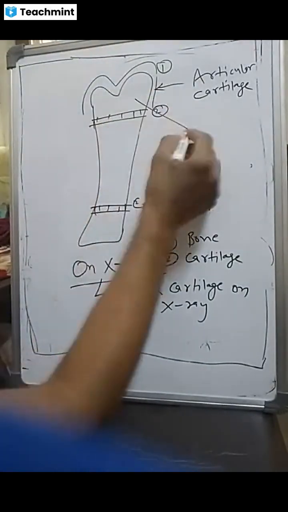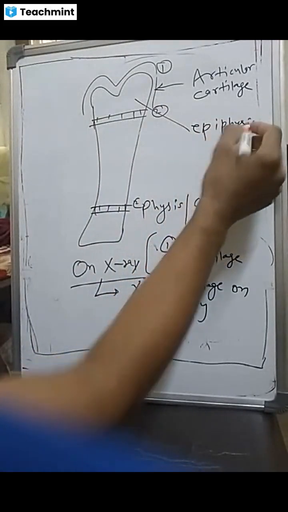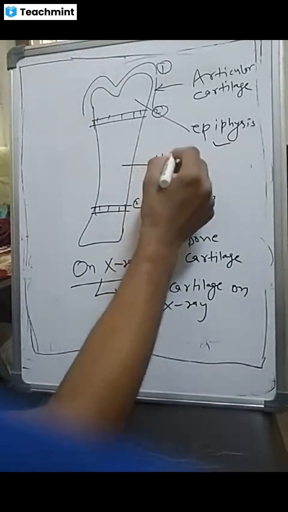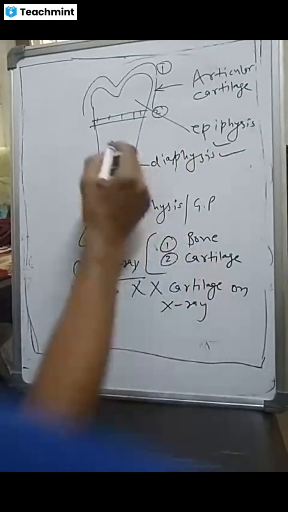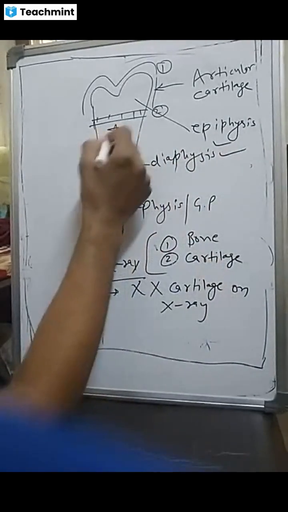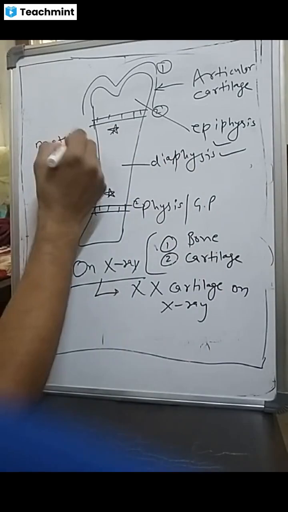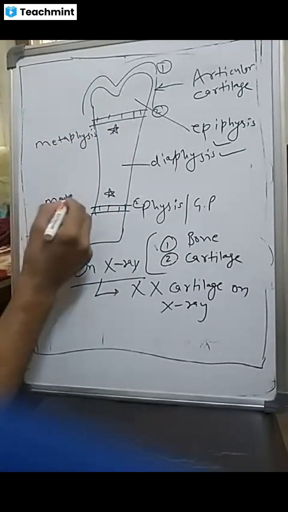The epiphysis is visible on X-ray. The diaphysis is also visible on X-ray. And these two parts are known as metaphysis.